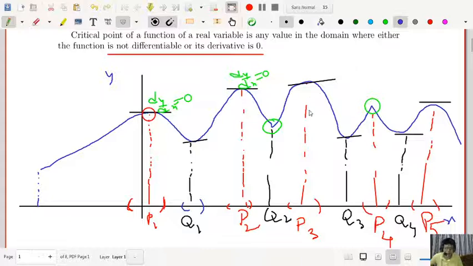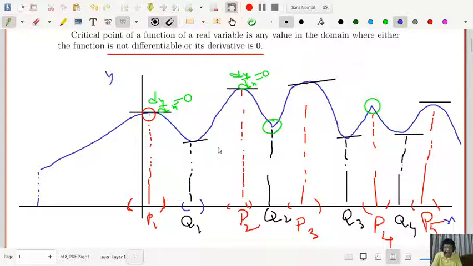The functional value at P3 is the greatest, and these are all maxima, P1, P2, P3, but P3 is the greatest. So this is called the global maximum. That is, if you consider the whole interval, and in that interval the function's value is maximum, then that maximum is the global maximum. This is the greatest value attained by the function. Otherwise all other values are local maxima.